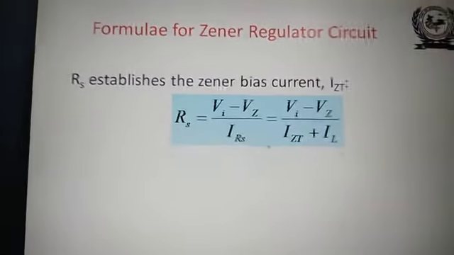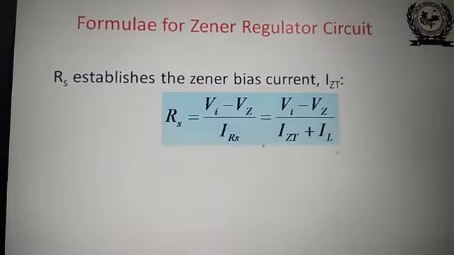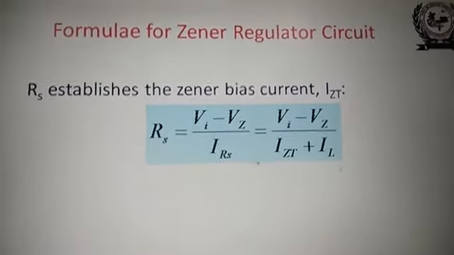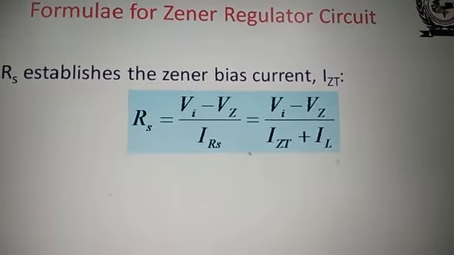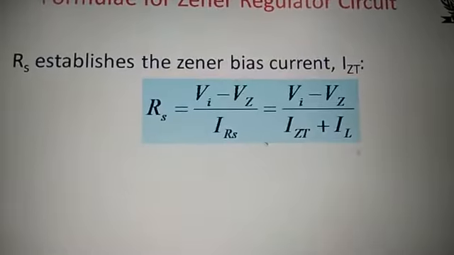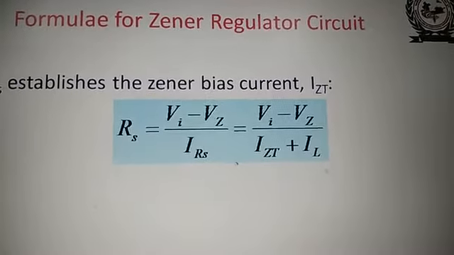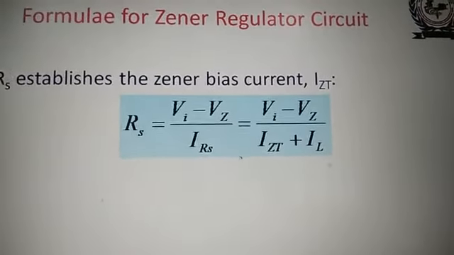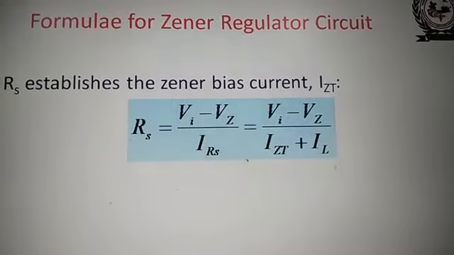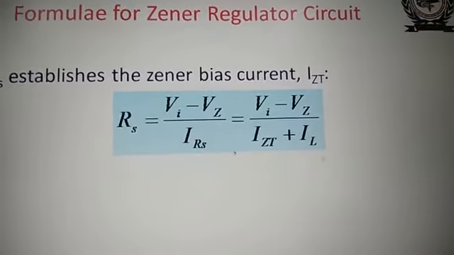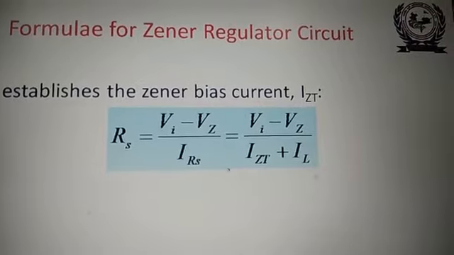RS is the source resistance connected in series with the Zener diode, and this RS is equal to VI minus Vz upon IRS. IRS is the current flowing through the RS. VI is the input voltage that is applied before the RS, and Vz is the Zener diode voltage.